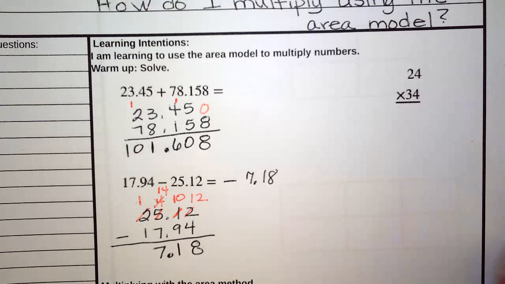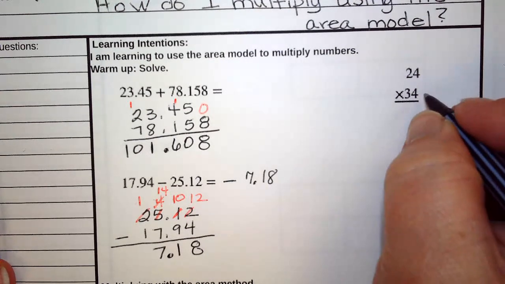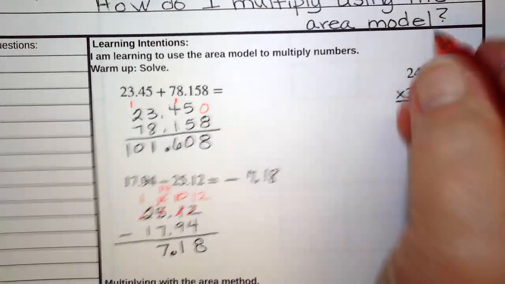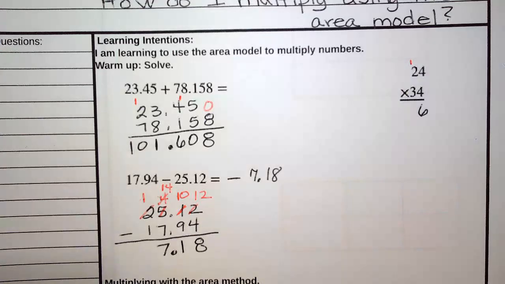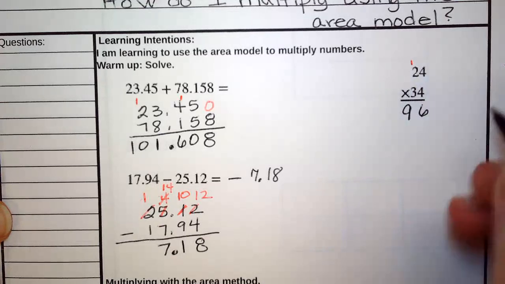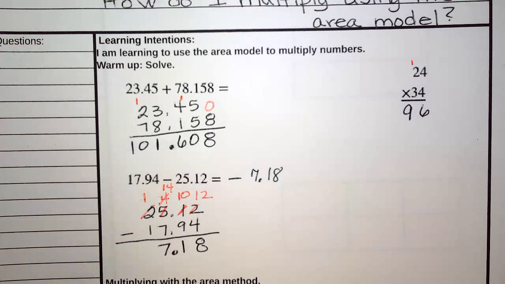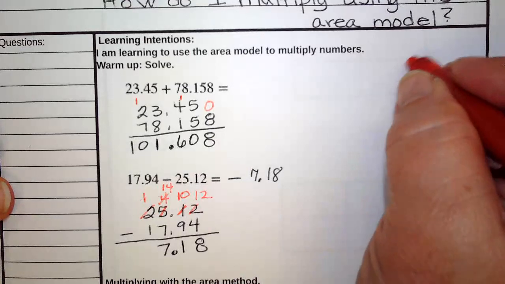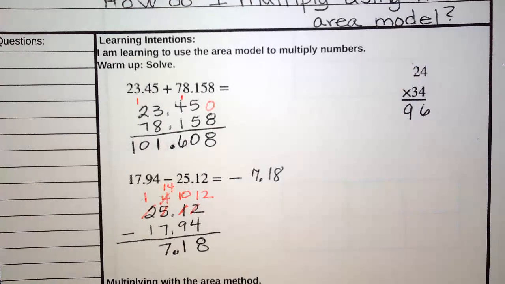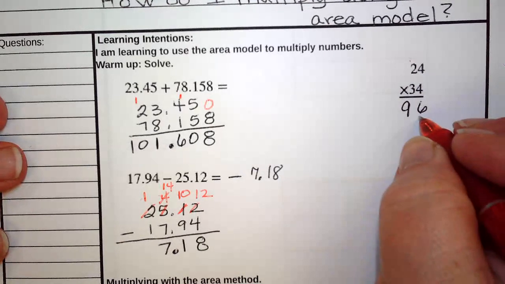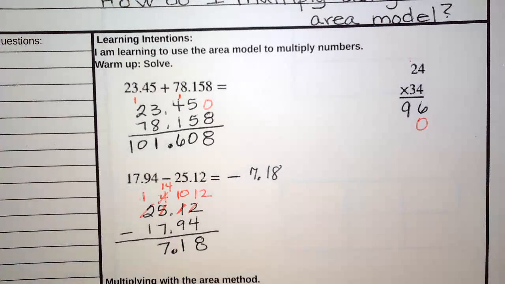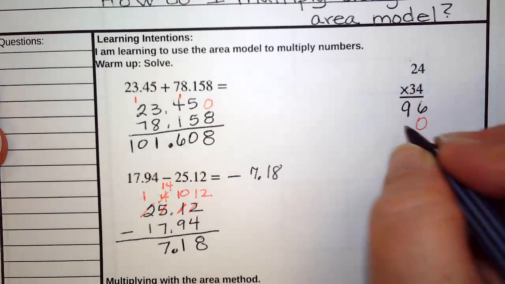Okay, multiplication. 4 times 4 is 16, so I'll put the 6 down, but I need to carry that 1. 4 times 2 is 8, plus 1 is 9. Now I know I have to carry again, so I'm going to erase this so I don't get mixed up. I put a 0 down as a placeholder because now I'm actually multiplying by 30. 3 times 4 is 12.